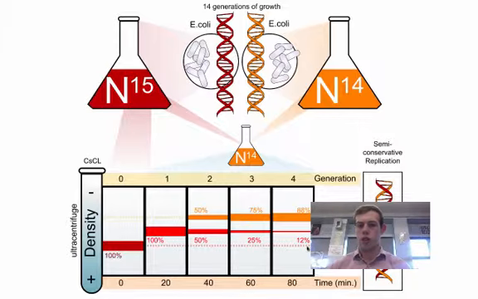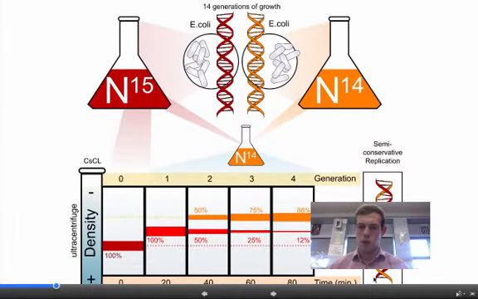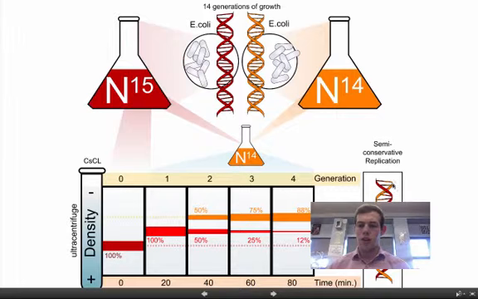Once they cultured it after transferring it to the 14N, you started to see both at 50-50, right in between, at about 14.5. You could see that if you looked at their DNA: half of it had the heavy nitrogen, which is a big part of our nucleotide bases, and the other half had the 14.